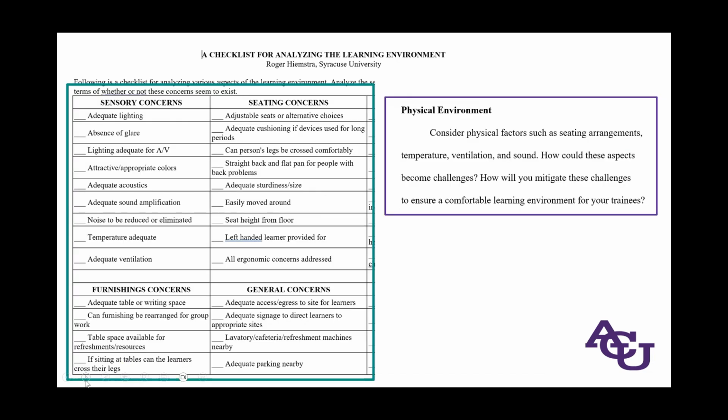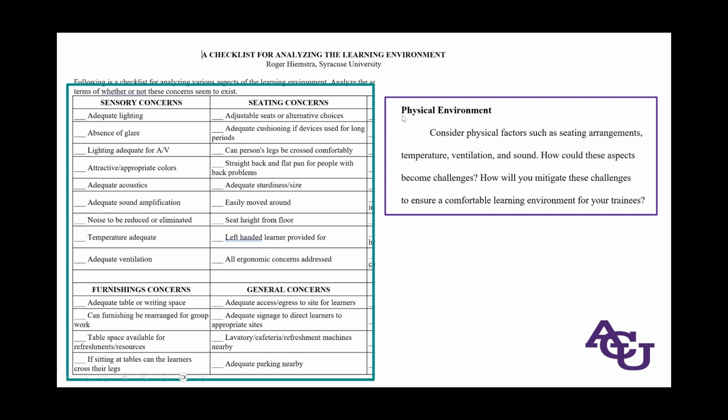For right now, we're going to see how Heemstra's criteria compare to one aspect of the assignment criteria. And I went with physical environment. So again, we have sensory concerns, seating, furnishing, and general concerns addressed in Heemstra's chart or checklist.